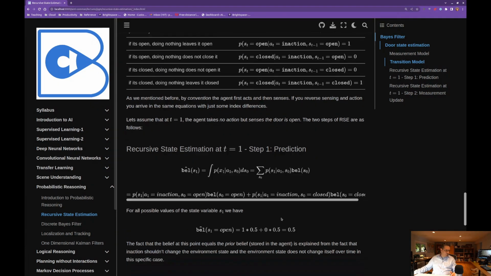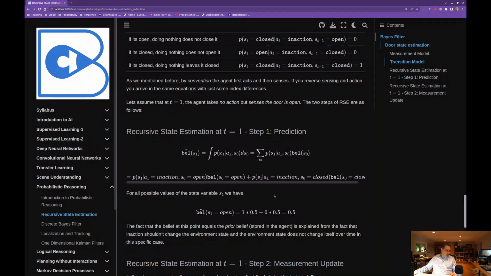This should not be a surprise because the door will remain in terms of uncertainty. We are still not sure about the state of the door because we took no action. So no action should intuitively result in no update of the belief that we have about the state. So we're still at 1/2.